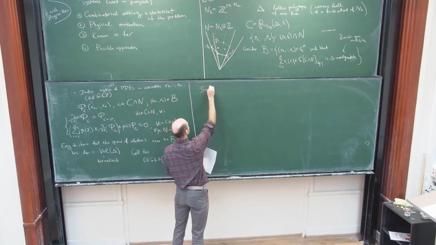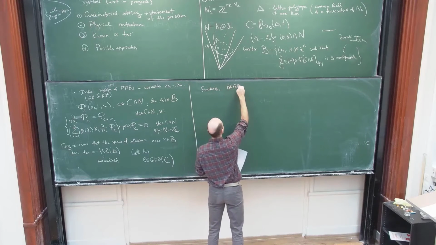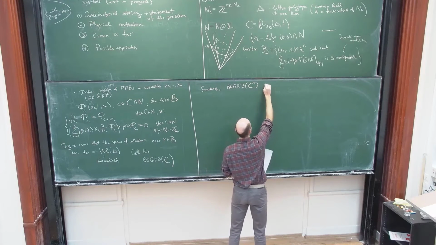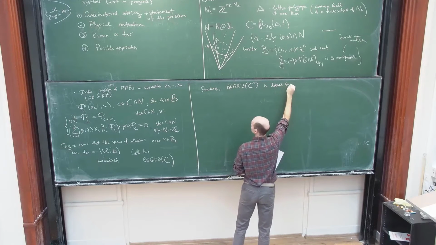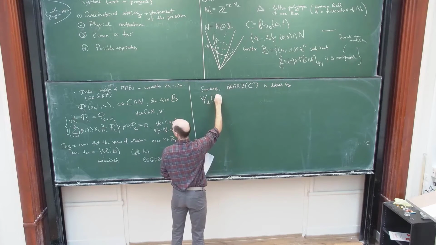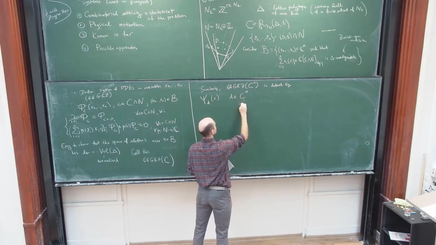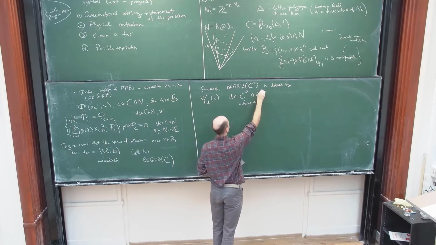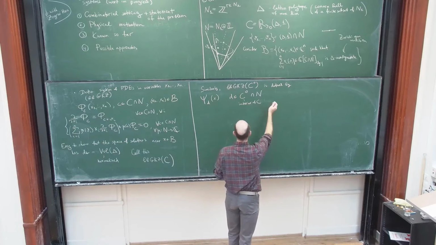So similarly, BBGKZ of C interior is defined as follows. You have some kind of functions, psi d of x. d now is in the interior. And the same equations.